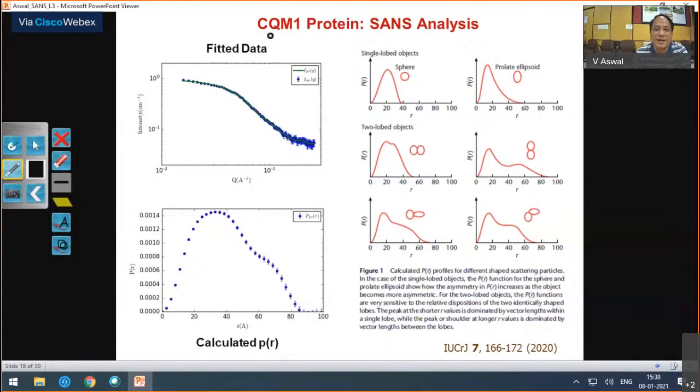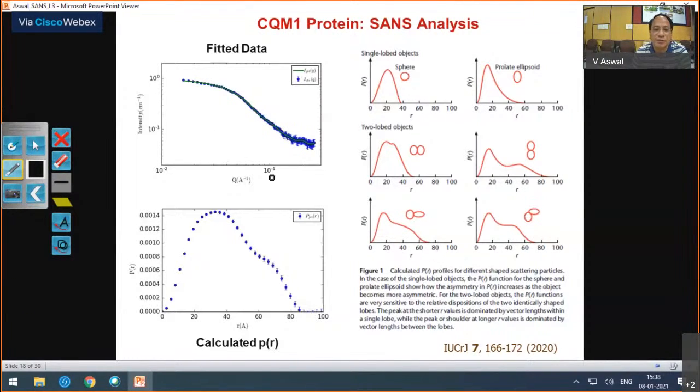Then you have to understand this receptor handling different diseases. So what we have done was prepare this sample in D2O to get good contrast. So this is your scattering pattern.